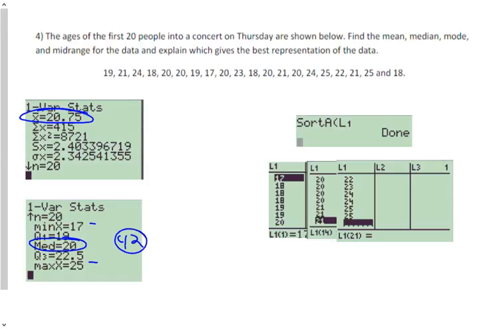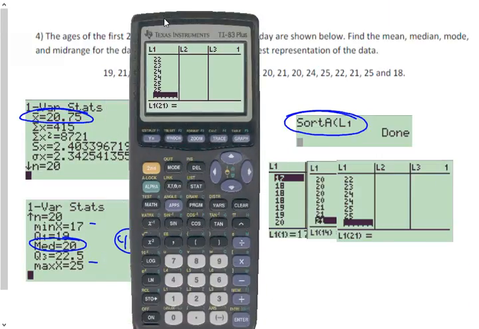Now, you can see I'm going to do some other stuff here. First of all, I sorted my list. Let me bring up the calculator so you can see it. The sort button is right above the stat where it's under list. So instead of hitting stat, if I go to second stat, here's each list.